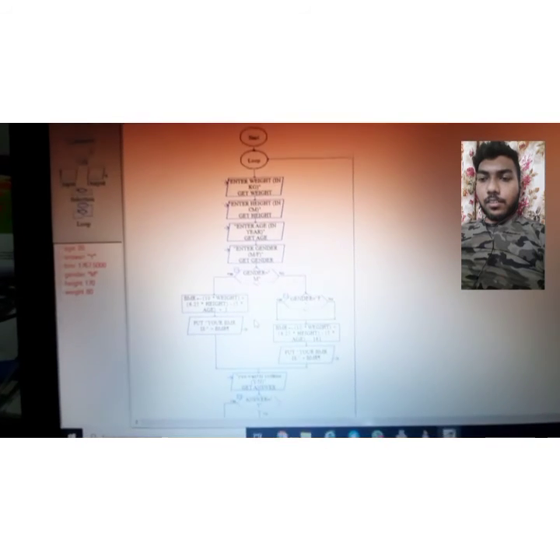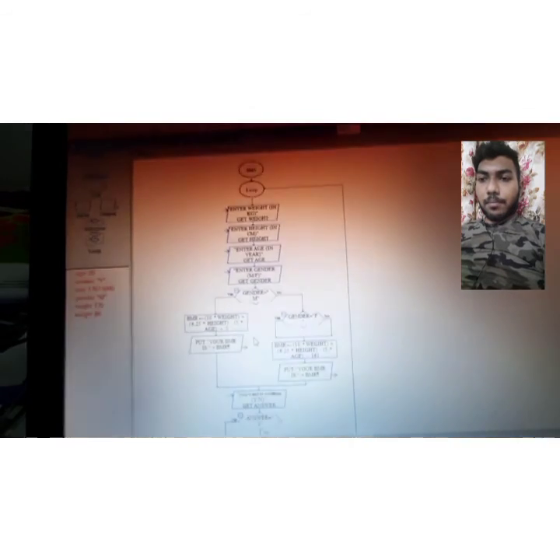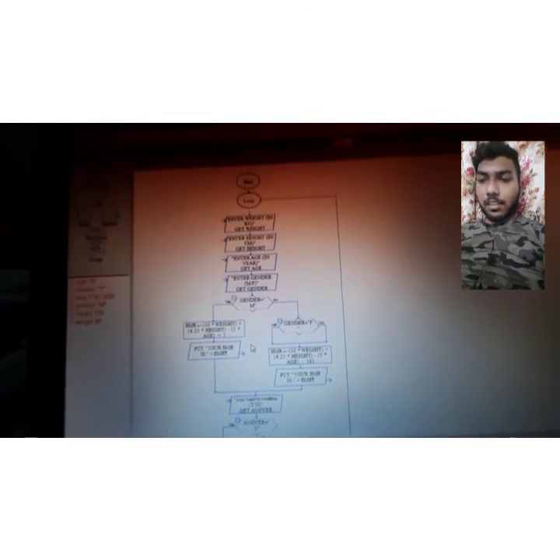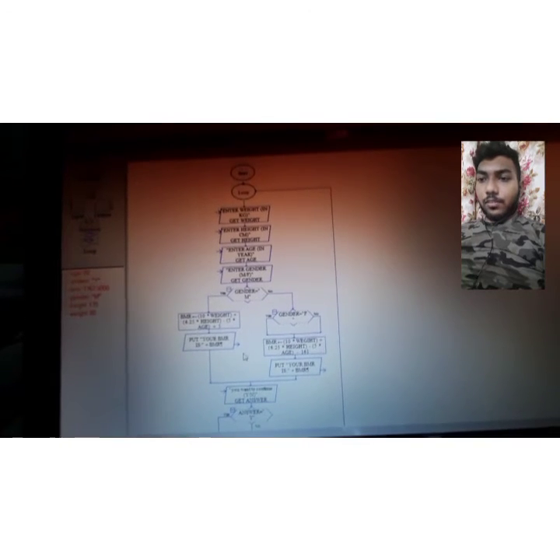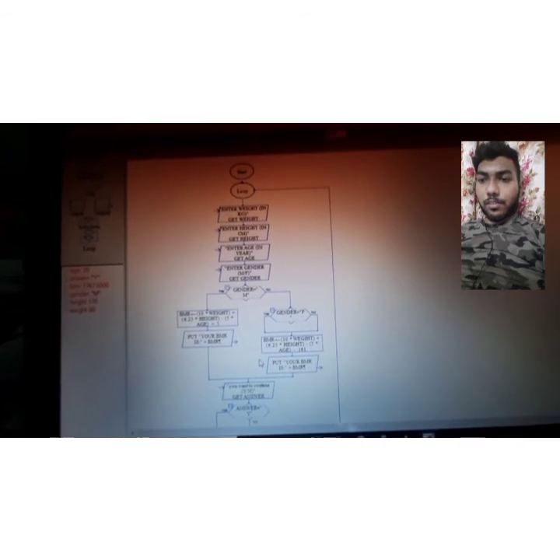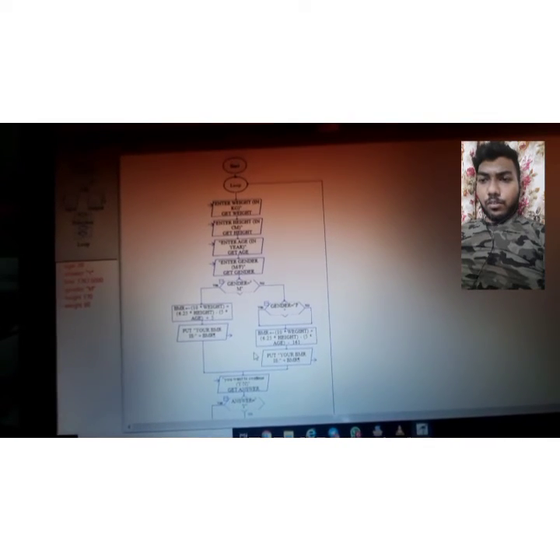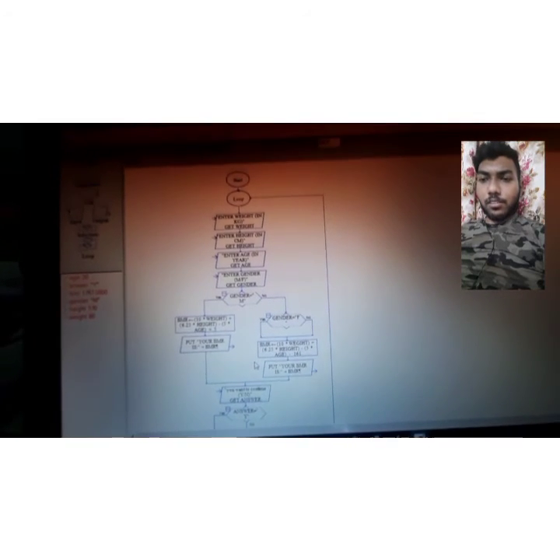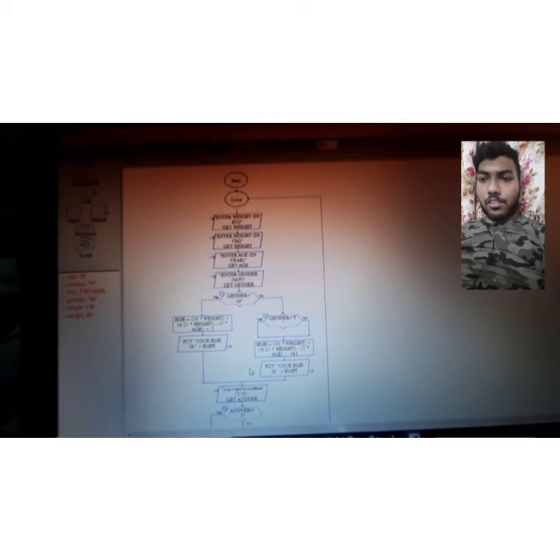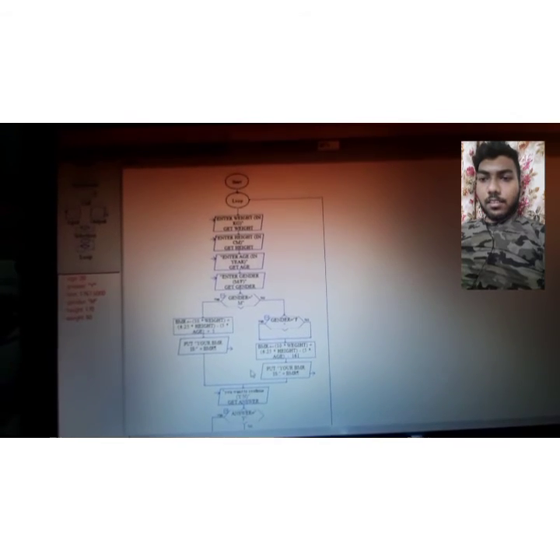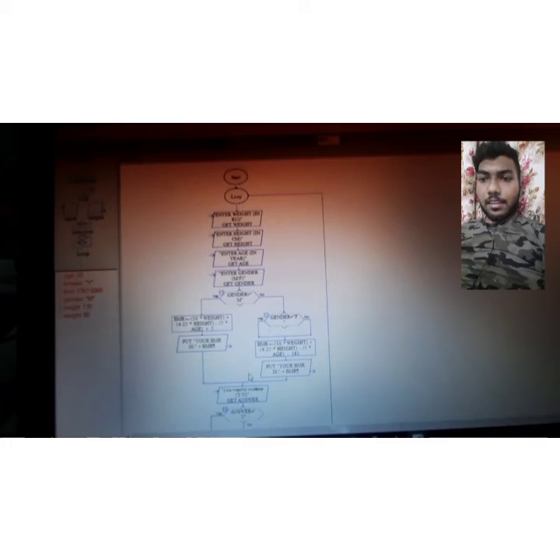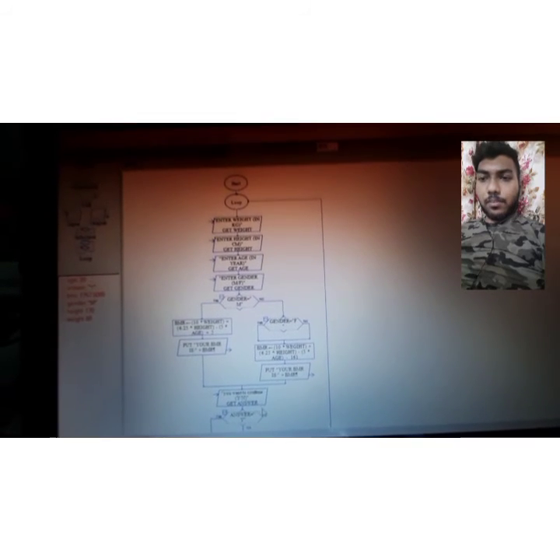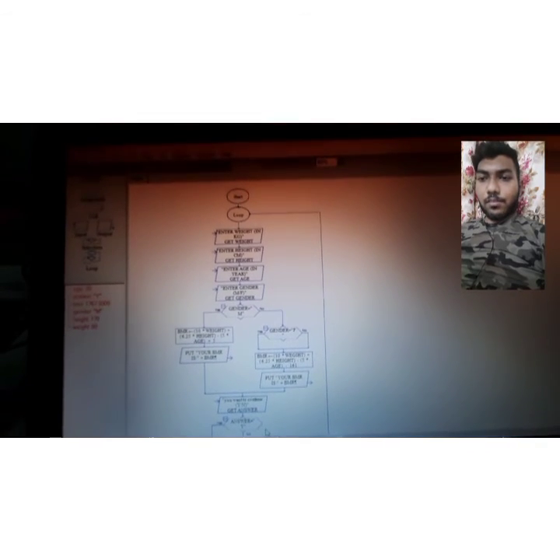After that I put the selection here for gender M, and under that I put another selection for gender F, which is for female. We are going to see gender male first. For selection gender male, the process is 10 times weight, plus 6.25 times height, minus 5 times age, plus 5.